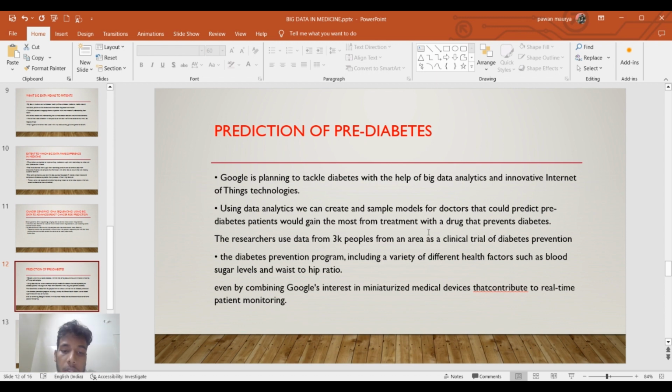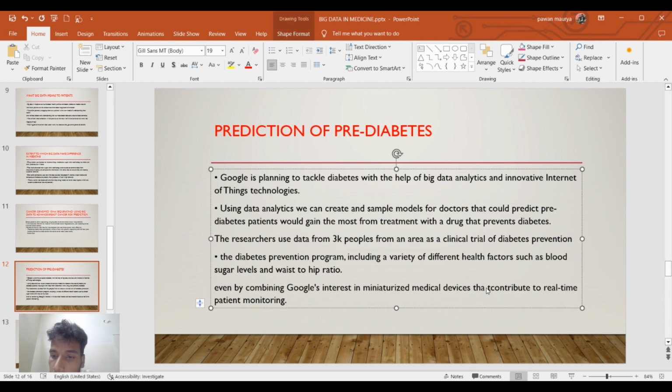The researchers used data from 3,000 people from a clinical trial of diabetes prevention. The diabetes prevention program included a variety of health factors such as blood sugar level and waist-to-hip ratio, combined with Google's interest in miniaturized medical devices that contribute to real-time patient monitoring.